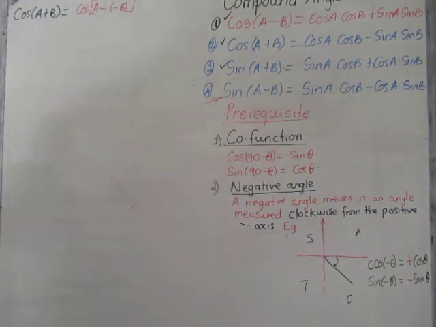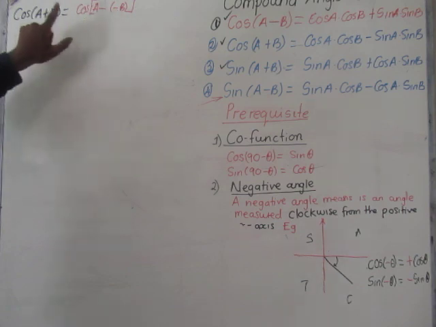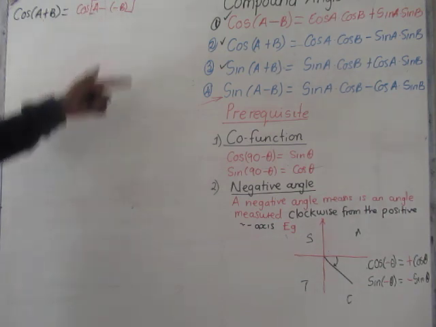Are these things exactly the same? Yes, they are, because we have cos A, that's A, and a negative times a negative is a positive. So that's exactly the same.